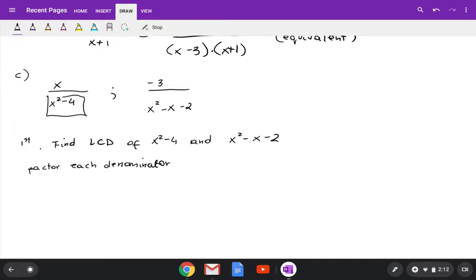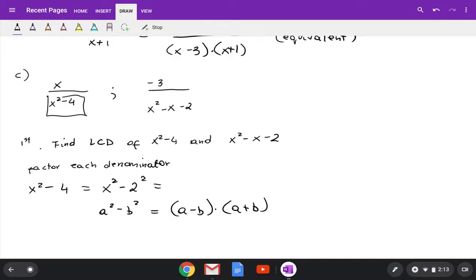I know it's a lot, okay? So we're taking that x squared minus 4. We need to factor this, rewrite this as x squared minus 2 squared. And you're going to use the formula, difference of squares, which is a minus b times a plus b.